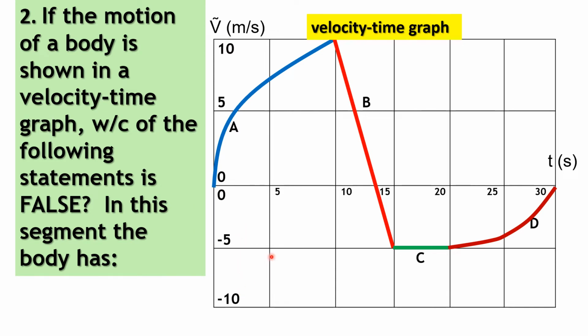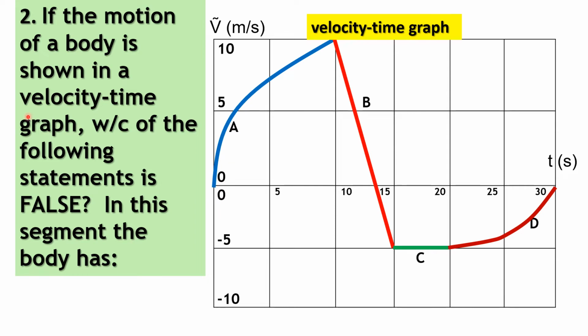Speed is not a vector quantity; it's a scalar. So there is no such thing as negative speed. Some people interchange a speed versus time graph and a velocity time graph, as if they were the same. The truth is they are not.